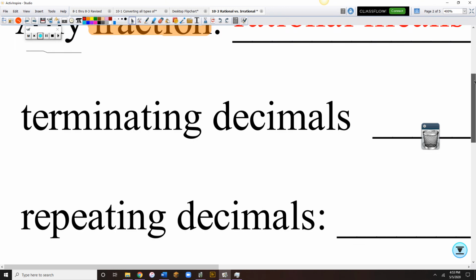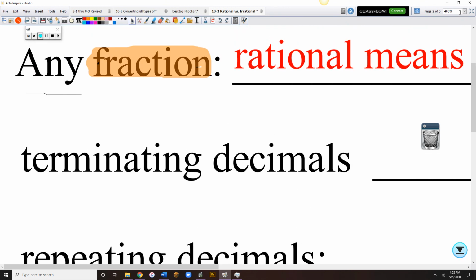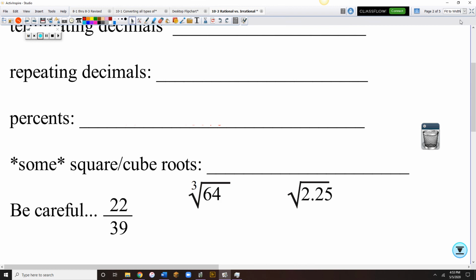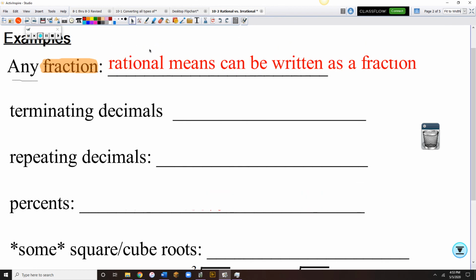Okay, coming back up here, terminating decimals. Terminate means to end. So any decimal that does not have any dots, even if it's a long one, like 7.564889, is considered a terminating decimal, unless it was rounded to be that way.